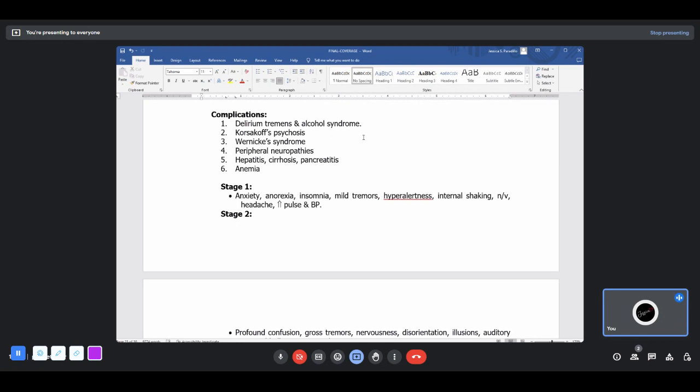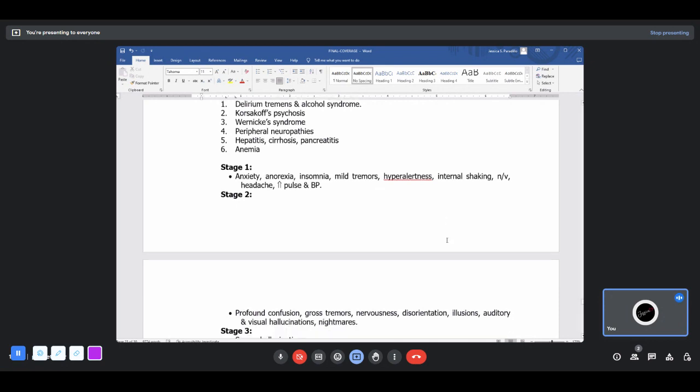This involves damage to the peripheral nervous system, for example numbness and tingling in the feet or hands. Hepatitis, cirrhosis and pancreatitis also. Hepatitis is inflammation of the liver. Cirrhosis is severe scarring of the liver. And pancreatitis is inflammation of the pancreas. Another complication is anemia, a decrease in the number of healthy red blood cells.